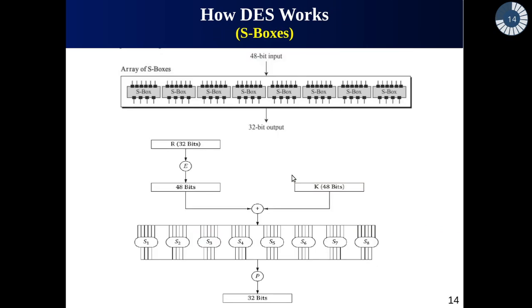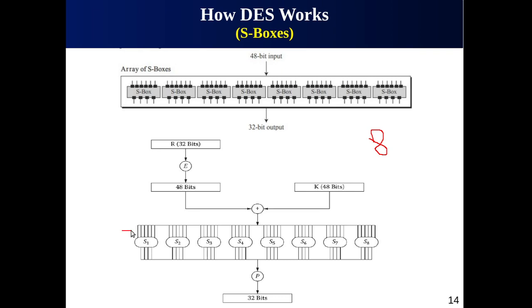The next component of the F function is the S boxes. This is the heart of the DES algorithm. S boxes do the real mixing, which means the confusion. This algorithm uses eight S boxes, and each S box contains some data in a proper format.